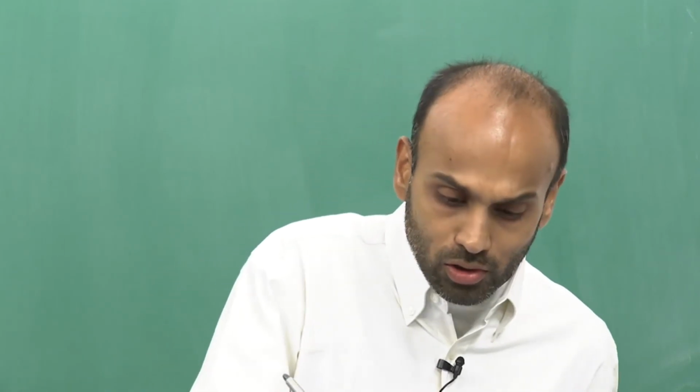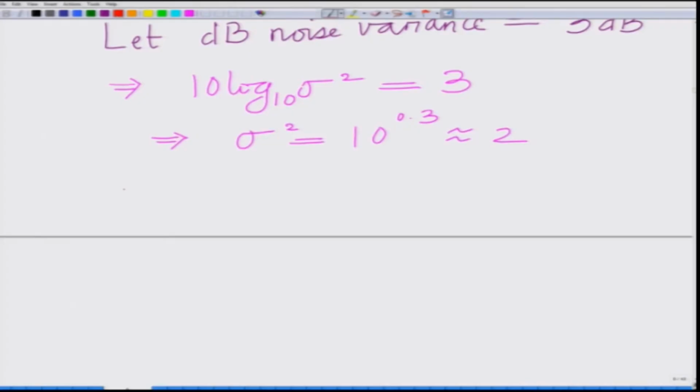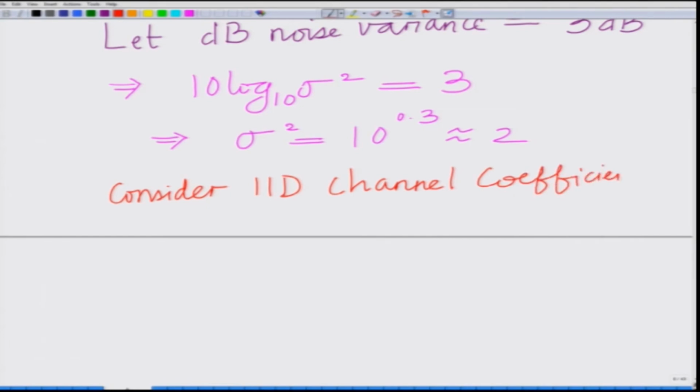And also we are considering IID channel coefficients, not necessarily Gaussian. That is, if you consider IID channel coefficients, the covariance matrix will be proportional to identity.